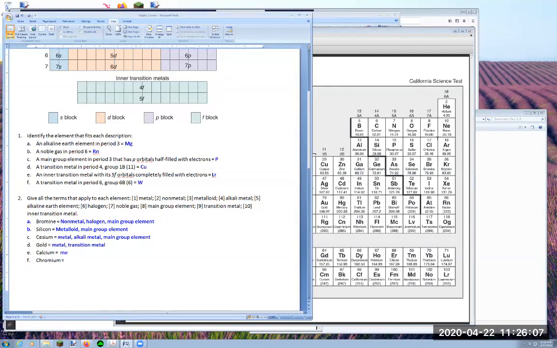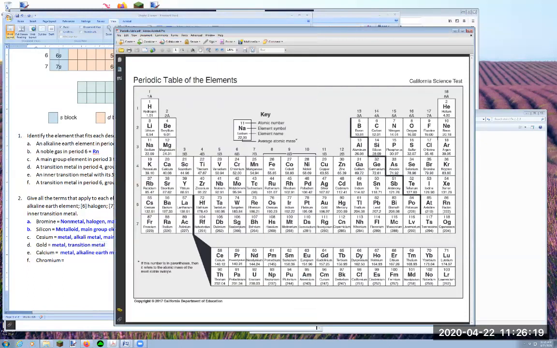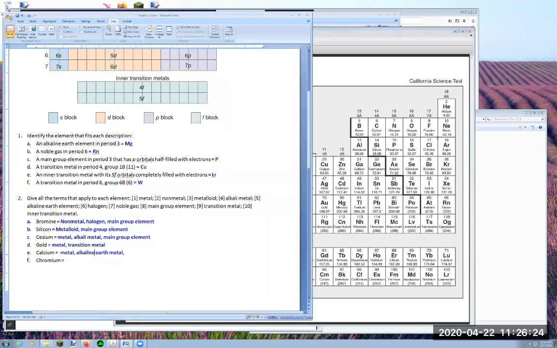Oops, group 2A are alkaline earth metals. These are the group 2A. And so then it cannot be a transition metal either, or inner transition metal. Is it a main group element?